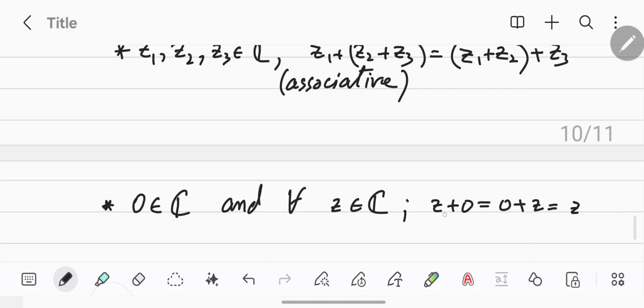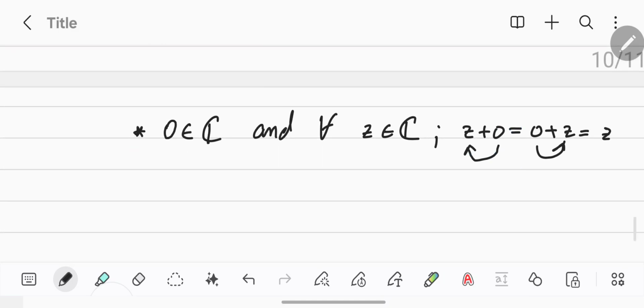Okay, what does it mean? It means if you add 0 to any complex number, either from the left side or from the right side, you will get the same complex number. Just like when you add 1 plus 0, you get 1. Either you add 0 into 1, again you get 1.